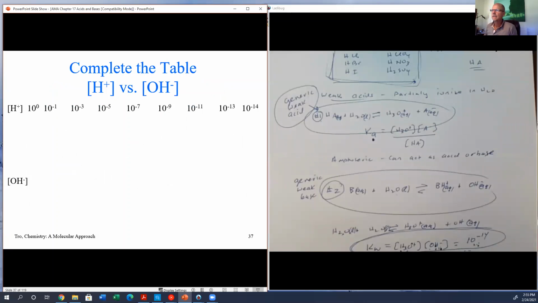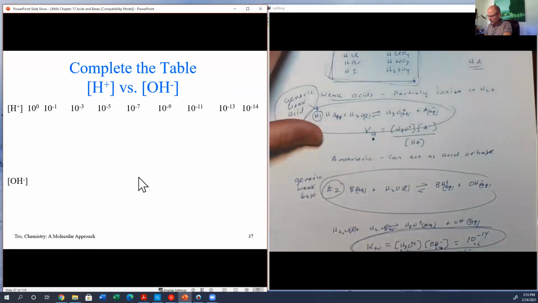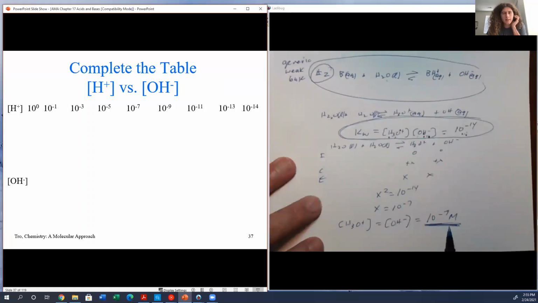So let's think about completing this table. If up here I write different H+ concentrations, and remember H+ and H3O+ mean the same thing, if H+ is 10 to the minus 7, what's OH-? The same, 10 to the minus 7.